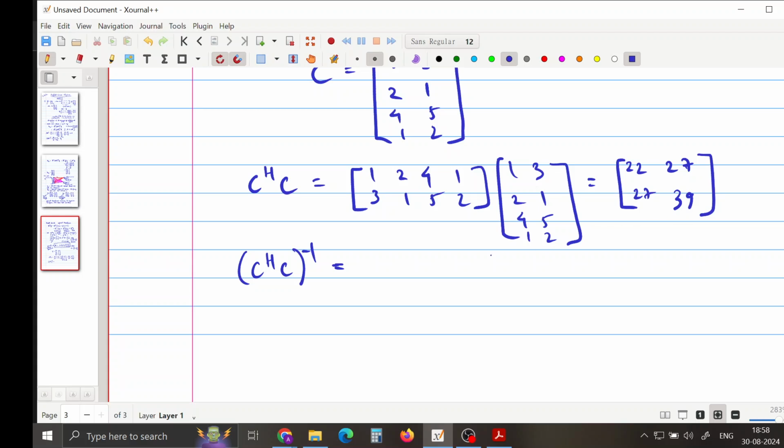How do you find the determinant of a 2 cross 2 matrix? 22 into 39 minus 27 squared. Exactly. You multiply the diagonal elements together and then subtract the product of the off-diagonal elements, which is 27 and 27.